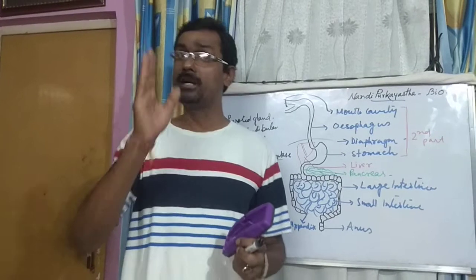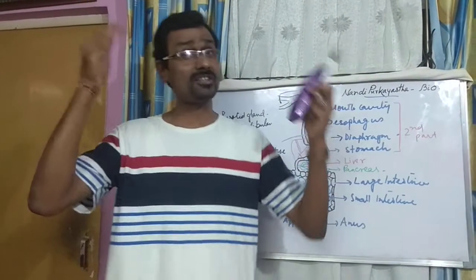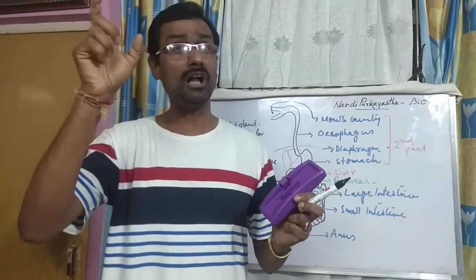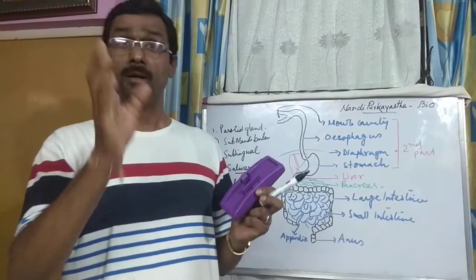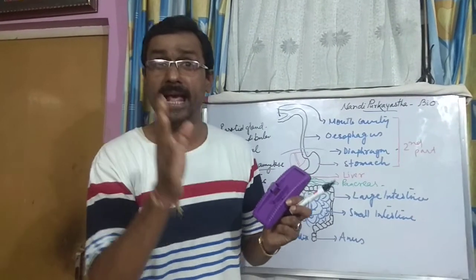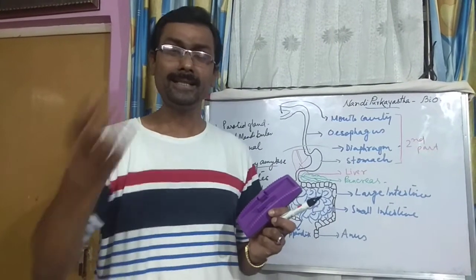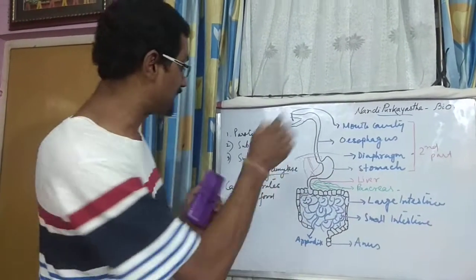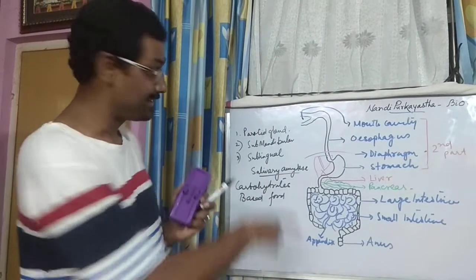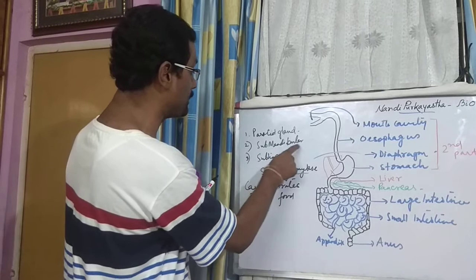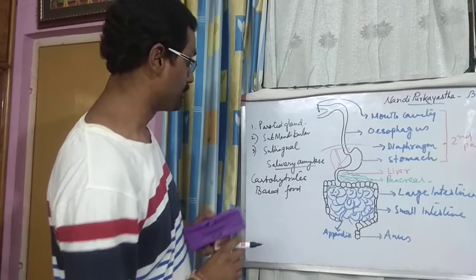In the mouth, remember, the digestion of our food started. And in the mouth, the digestion of carbohydrate takes place. A huge percentage of the carbohydrate is digested. Where? In the mouth. By whom? Salivary amylase. Who secretes it? Three glands, the salivary glands: parotid gland, submandibular gland, and sublingual gland.